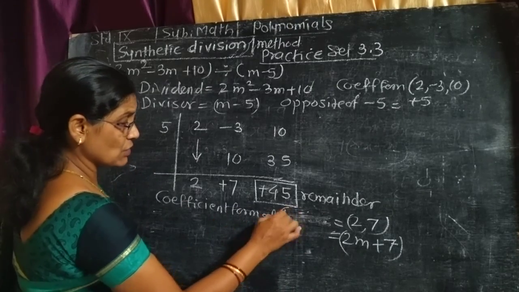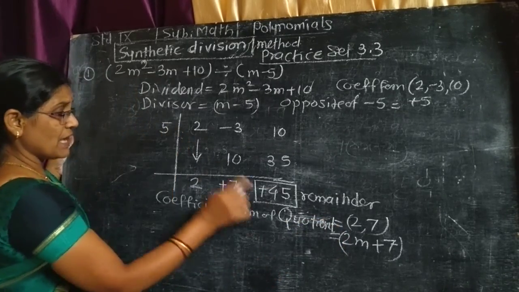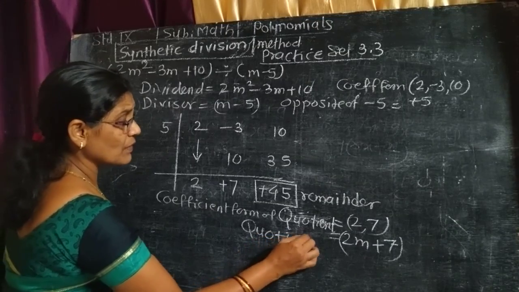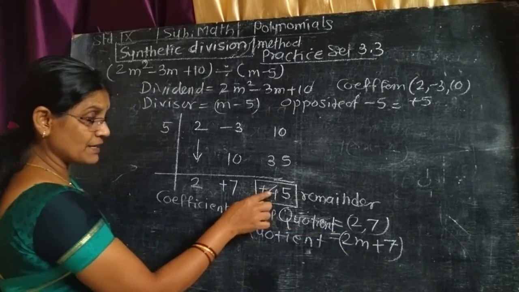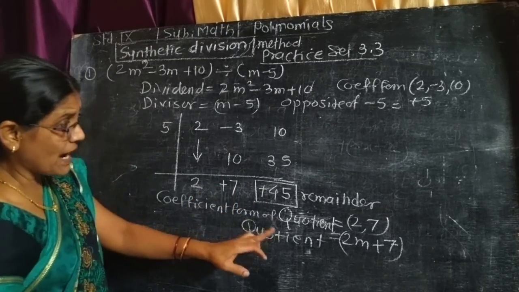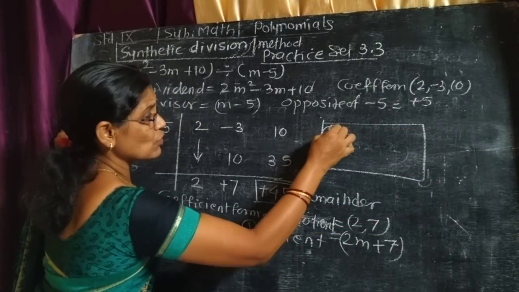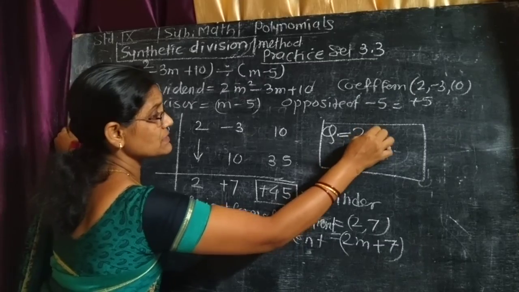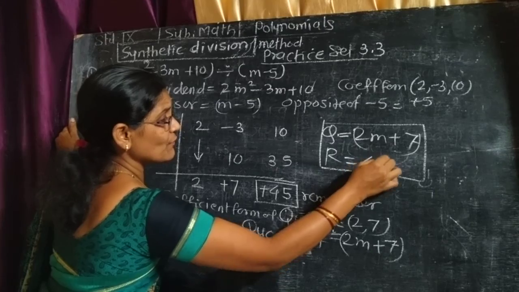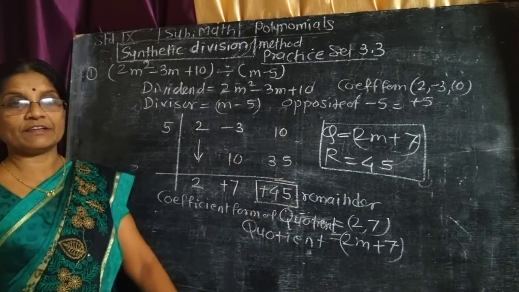So the original quotient is 2m plus 7, the remainder is 45, and now we have to write down the answer, quotient and remainder. This is the answer: quotient 2m plus 7 and remainder 45, and in this way we solve the example using the synthetic division method.